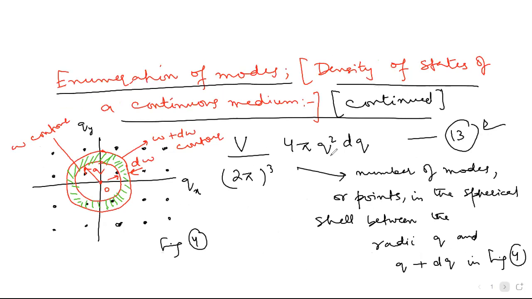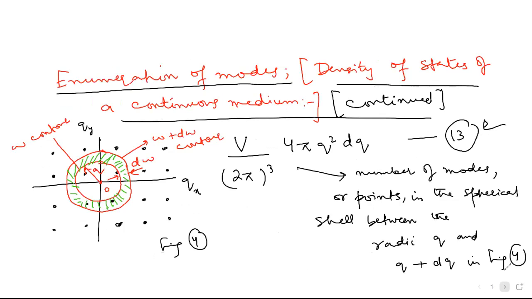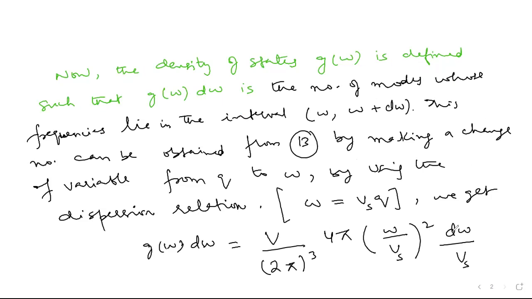We are replacing q square from the dispersion relation by omega by Vs whole square, and then replacing dq by d omega by Vs.